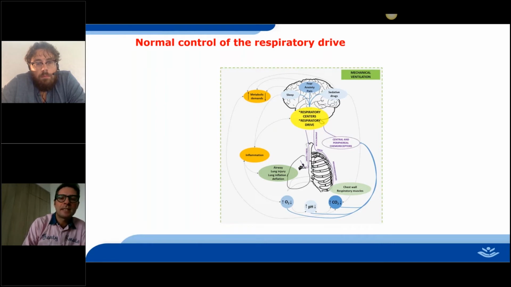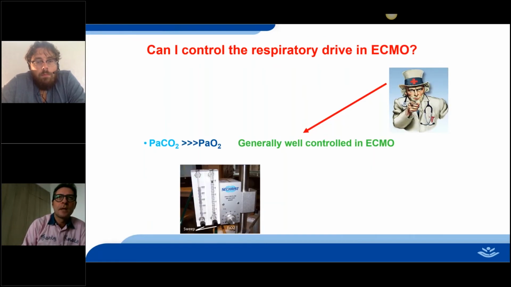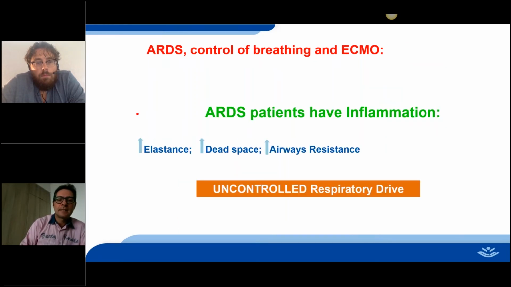And the response that they have is completely uncontrolled. With ECMO, of course, we can control the respiratory drive in a certain group of patients, but not in this one, because the increasing lung elastance, the increasing dead space, and the airway resistance in ARDS make the respiratory drive uncontrolled.